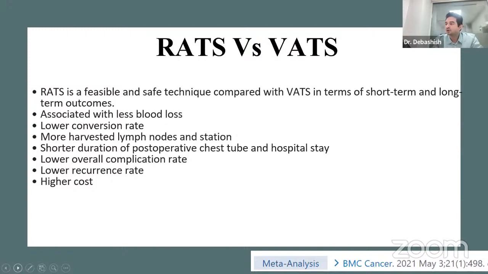If I share my experience, I would say the cost difference between a VATS versus a robotic will be somewhere around 1.5 to about 2 lakh. So that additional cost is one of the things that hinders the large scale use of robotic surgery.